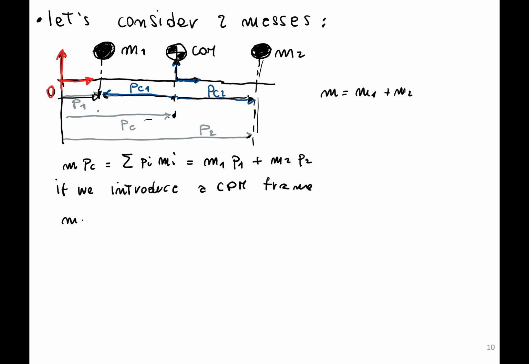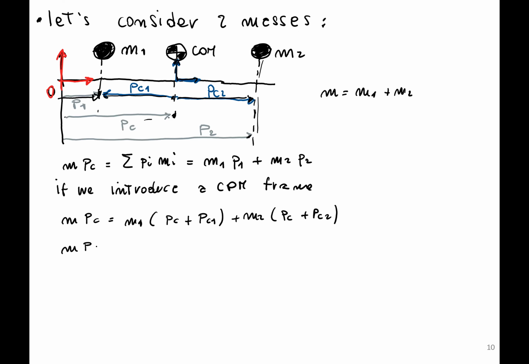We do the same computation, and pc will be m1 times, replacing p1, which is pc plus pc1, plus m2 times p2, which is pc plus pc2.